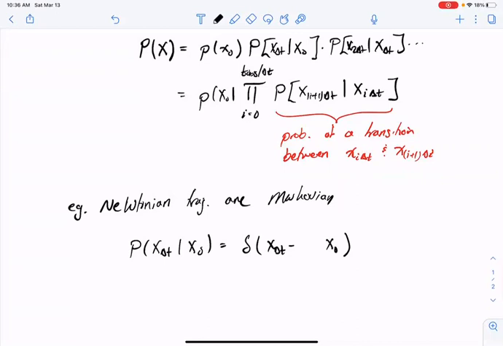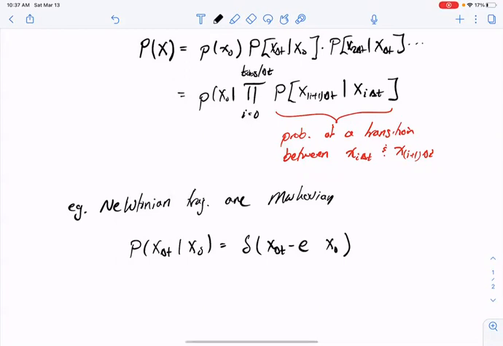Otherwise, it's exactly 0. If I don't draw exactly the right velocities and I'm at the exact right position, I will not go between x of 0 and x of delta t. So the probability of seeing that transition would be 0. However, if those are the right velocities and positions to take me between x of 0 and x of delta t, I will see that with probability 1.